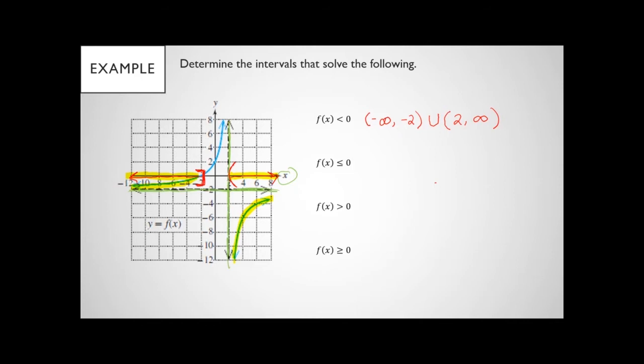That's an asymptote. So any locations of asymptotes don't switch symbols. They're always going to be parentheses. So negative infinity to -2 bracket here, a union, and then we have 2 to infinity. So they're very similar. What changes are the locations at the zeros, but not the asymptotes.